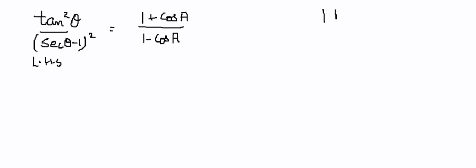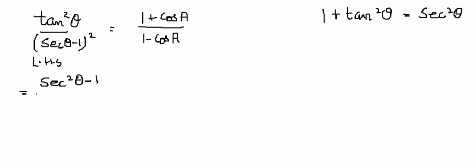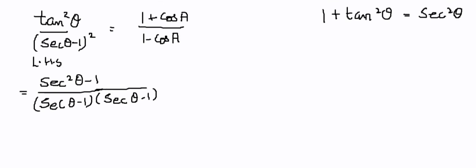So here we know that 1 plus tan square theta is sec square theta. So in place of tan square theta, I can write sec square theta minus 1. So here I will have sec square theta minus 1 upon, now this is sec theta minus 1 whole square, so I can write sec theta minus 1 two times.